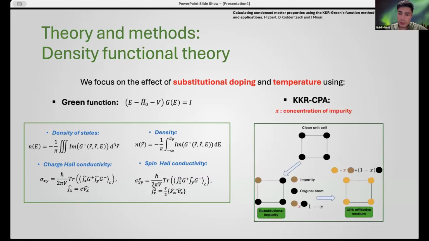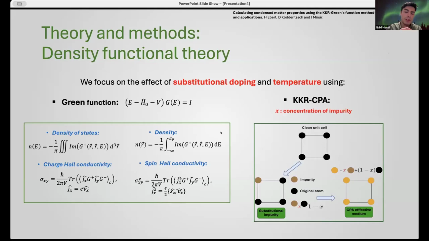And we use a numerical method called KKR-CPA. KKR stands for three scientists, Kohn, Korringa, and Rostoker, and CPA means coherent potential approximation.